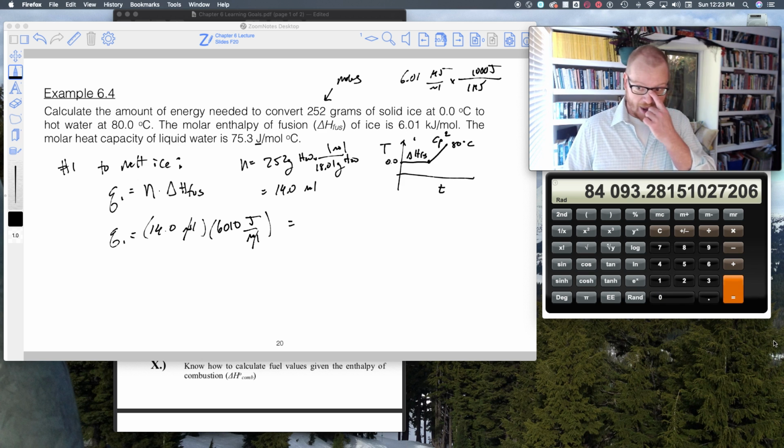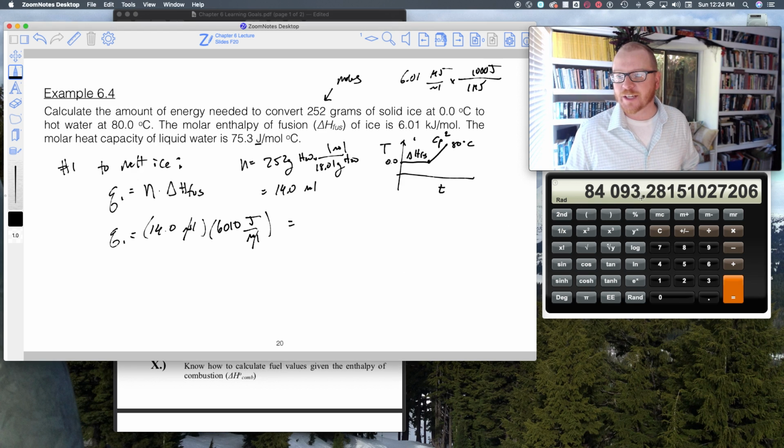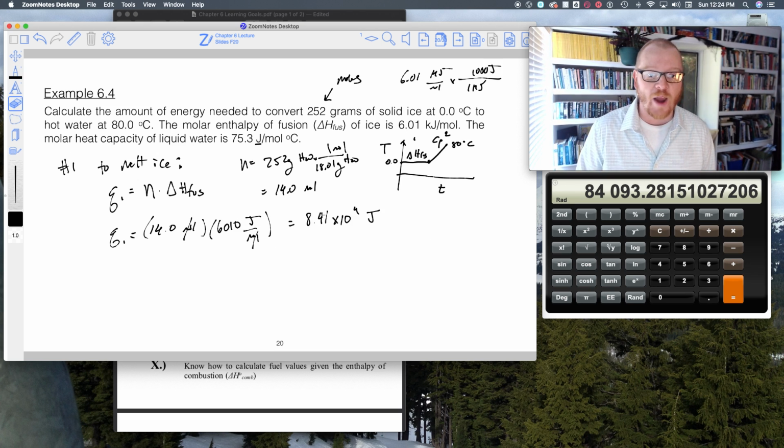That equals 8.41 times 10 to the 4th joules. So that's how much energy it takes just to melt the ice. We haven't even raised its temperature yet. We're just melting the ice.